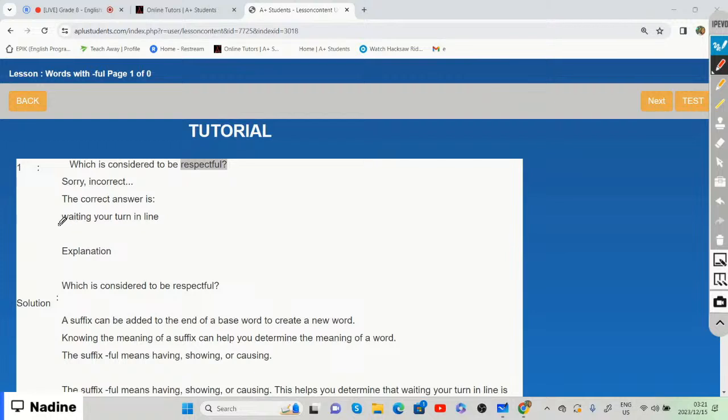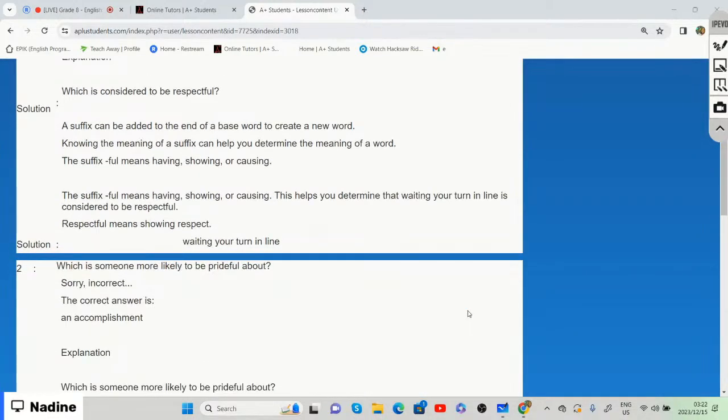So we can say waiting your turn in line is respectful. Not jumping the line, not pushing, not cutting the line, but waiting your turn in line is respectful.